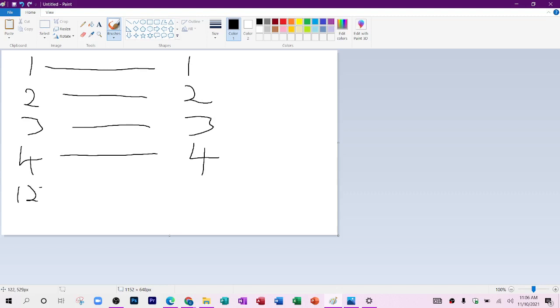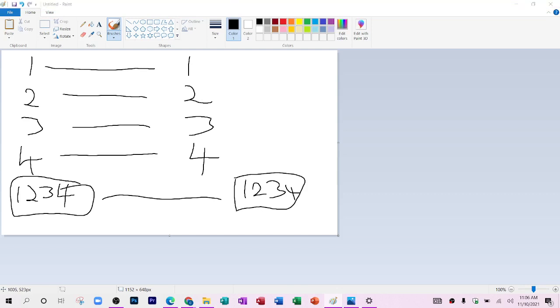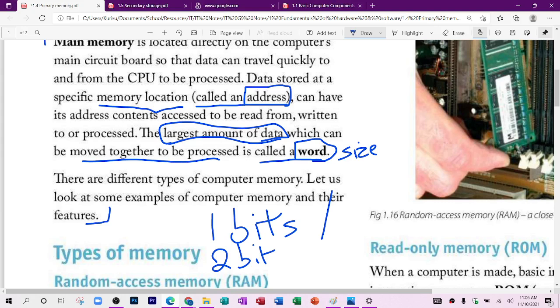So 1, 2, 3, 4, all of that grouped together and sent as one. So that way, you send more data and more data gets processed at the same time. So going back to the term, word size or word refers to the largest amount of data that you can move and process at the same time. So basically, how much can you group together to move together at the same time, to be processed at the same time.